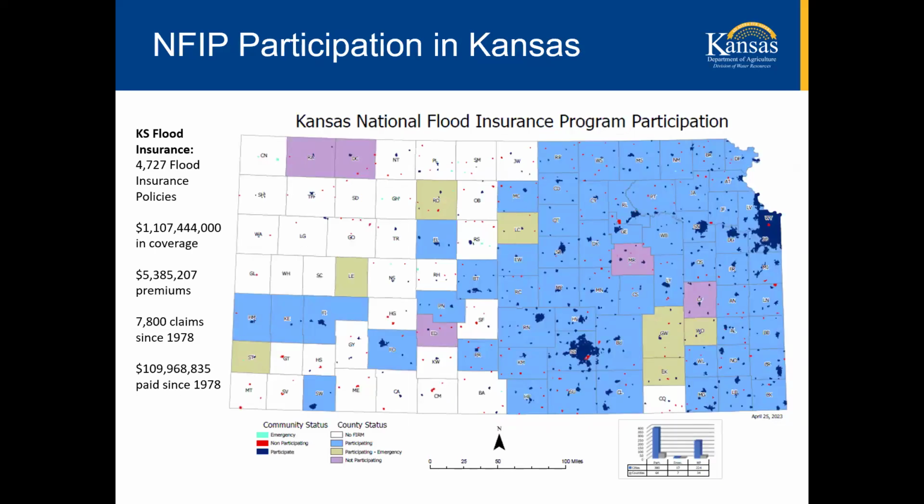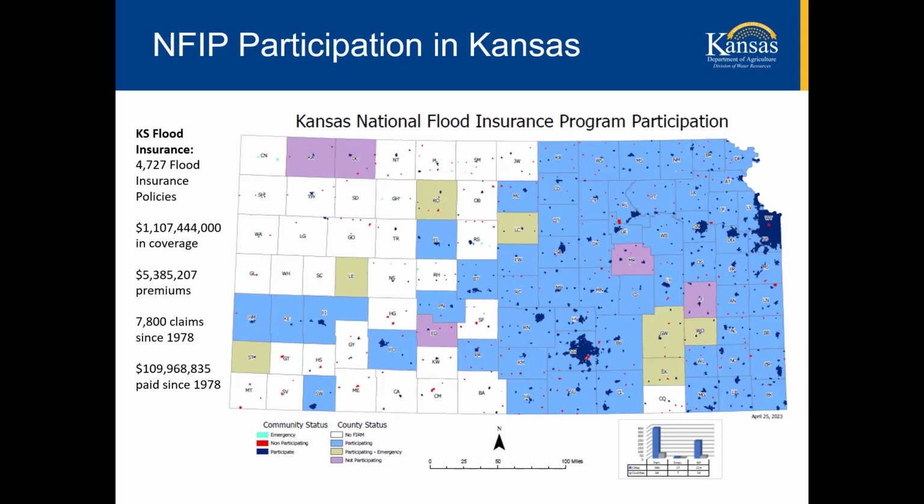We have quite a few communities in Kansas that participate. We have over 400. There has been a national trend that NFIP policies have just been getting dropped due to price increases and a continued lack of clarity through the risk rating program. But currently we have 4,727 flood insurance policies, so we have over $1 billion in coverage. Premiums total is $5,385,207.